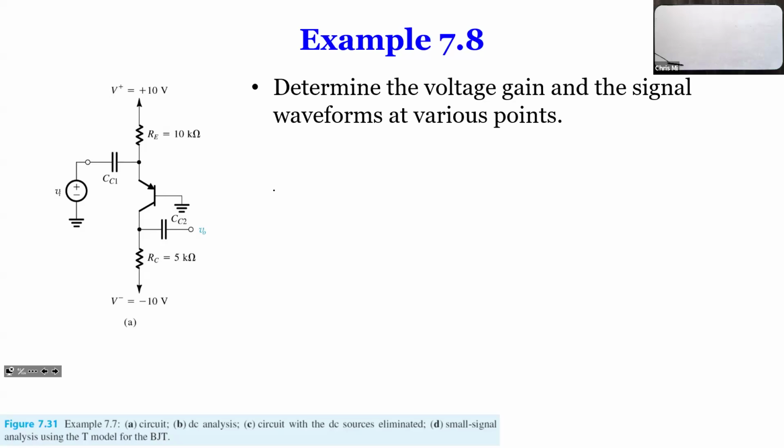BJT, but this is P-type. So far with MOSFET and BJT, we've been focusing on the N-type. The P-type really is the same thing. You will get the same small signal equivalent circuit and things like that.